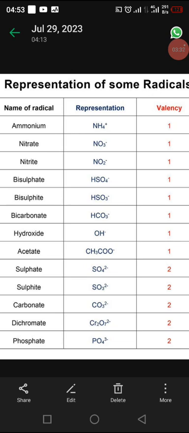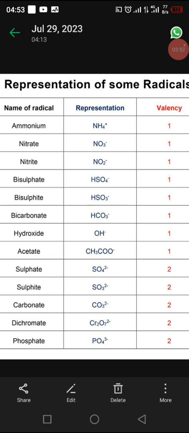Why positive? Because it is a metal. The same applies here. If I've got a charge which is positive, that implies it is +1, and the valence is equal to what? 1. Therefore the valence is equal to the charge, but the charge can be either positive or negative.